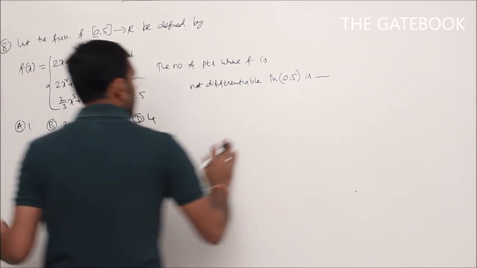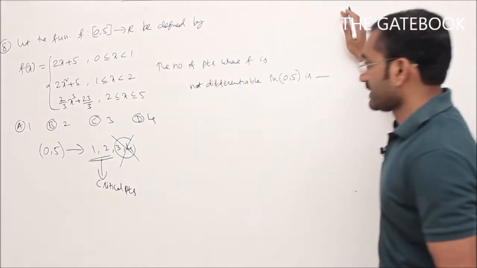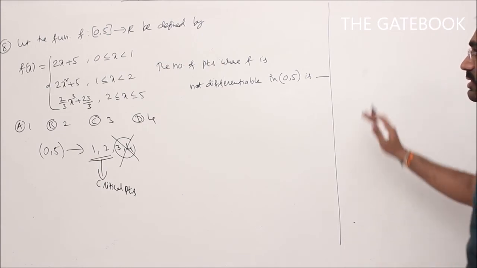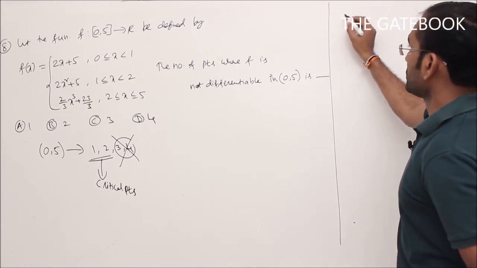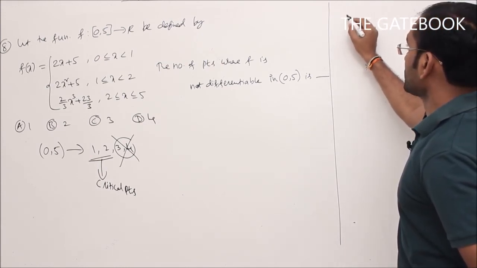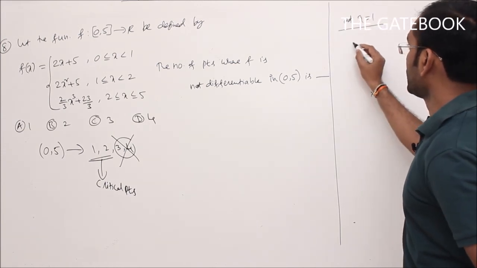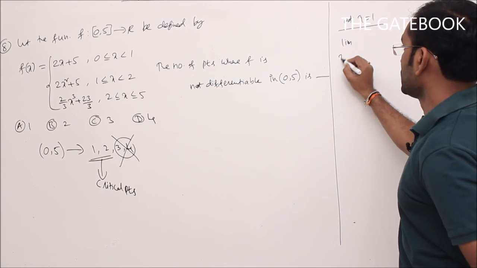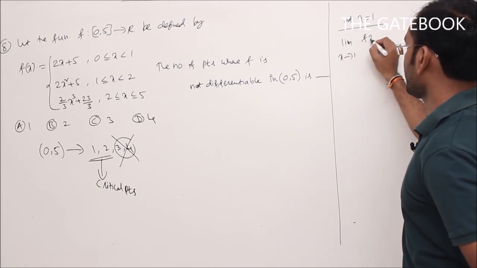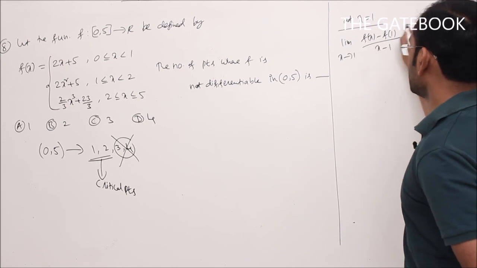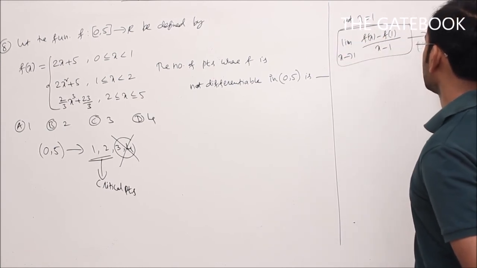So now checking differentiability at x is equal to 1 and also x is equal to 2. Now see, to check differentiability at x is equal to 1, we have to check this condition: limit x tends to 1, f of x minus f of 1 by x minus 1. This value should exist.